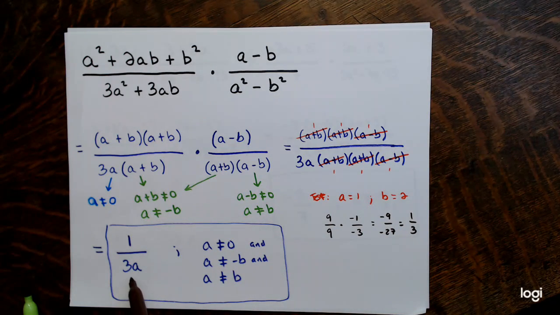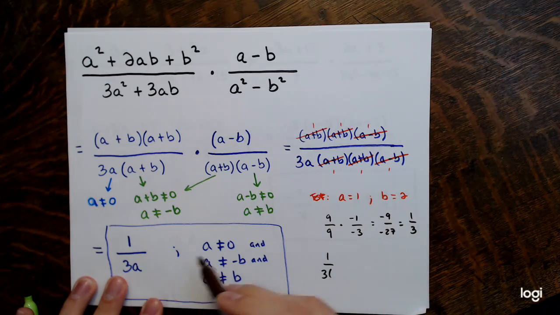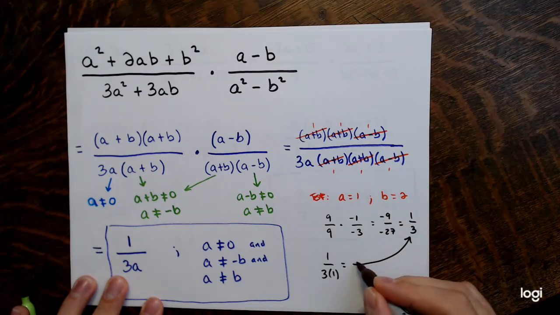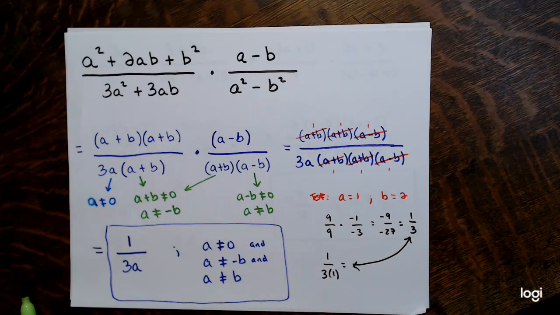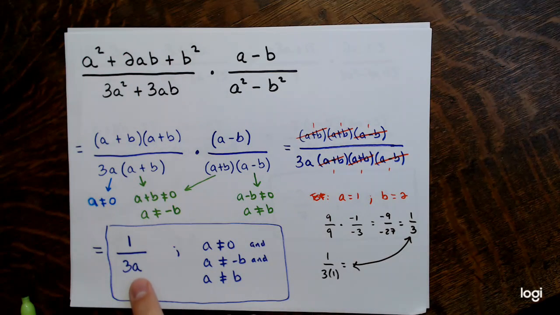Well, let's see, we go into this fraction. We'd have 1 over 3 times a, and a is replaced by 1. That is, yes, 1/3, 1 over 3. So they are the same. The product of these two fractions is this little simple fraction here, 1 over 3a. And you can try it out with any other pairs of values of a and b, just so long as a is not 0, a and b aren't opposites, and a and b aren't the same.